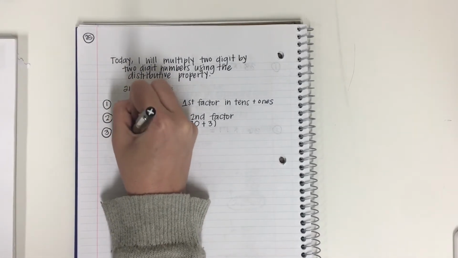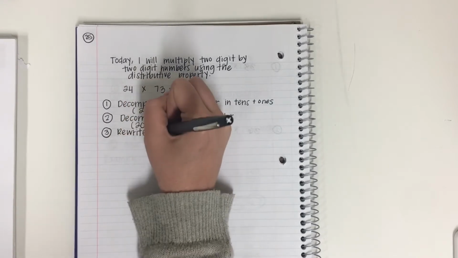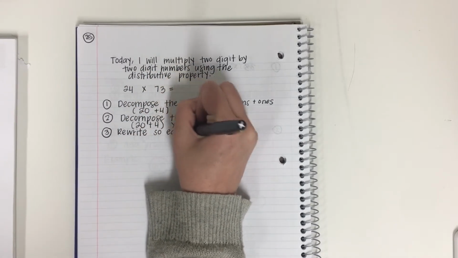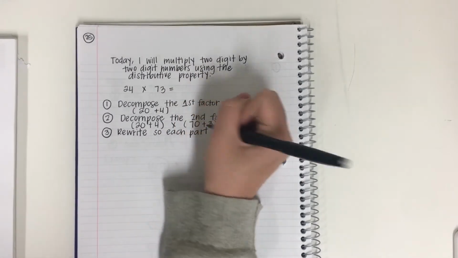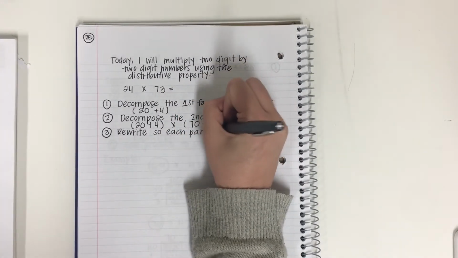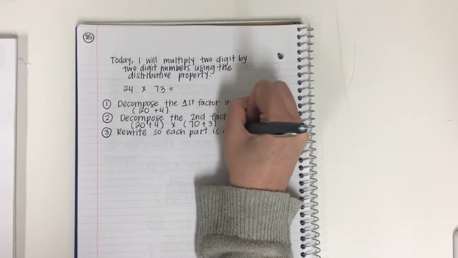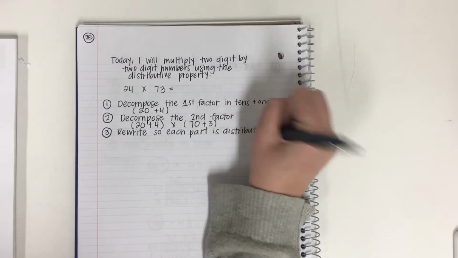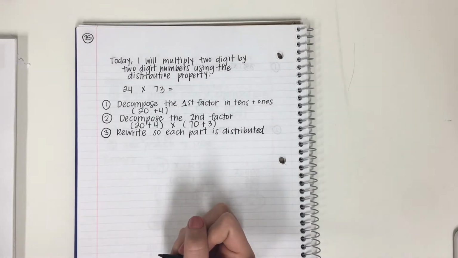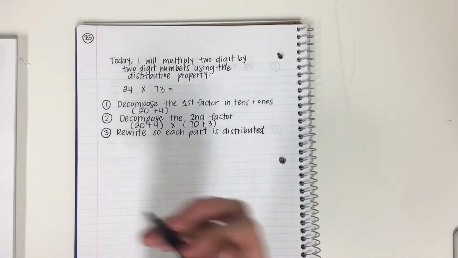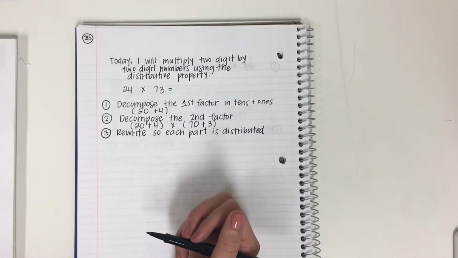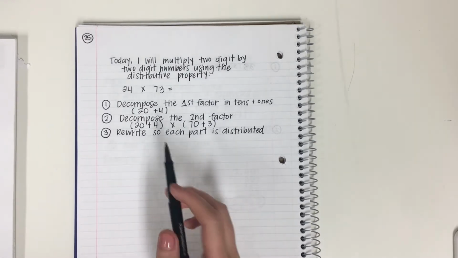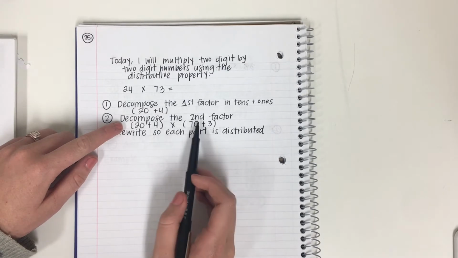All right, step 3. Rewrite. So each part is distributed. So just like the area model, how we multiply each number by the factors, we're going to do the same thing. So let's pretend that we're going to draw an arrow here.